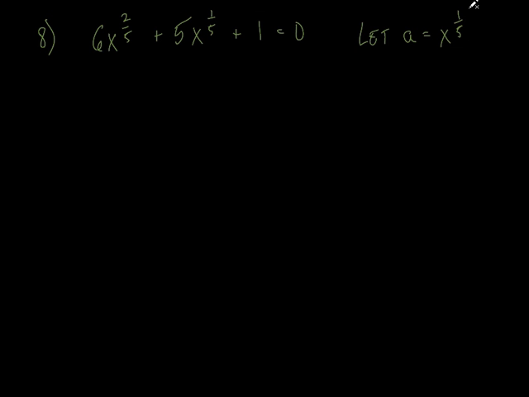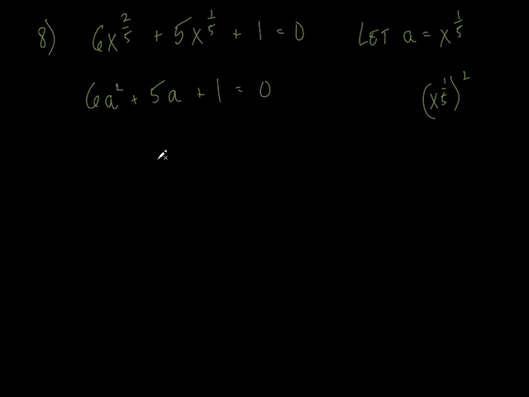Is that alright? Now watch. If I square x to the 1/5, I get x to the 2/5, right? And that's what that is right here. So this is really 6a squared plus 5a plus 1 equals 0.